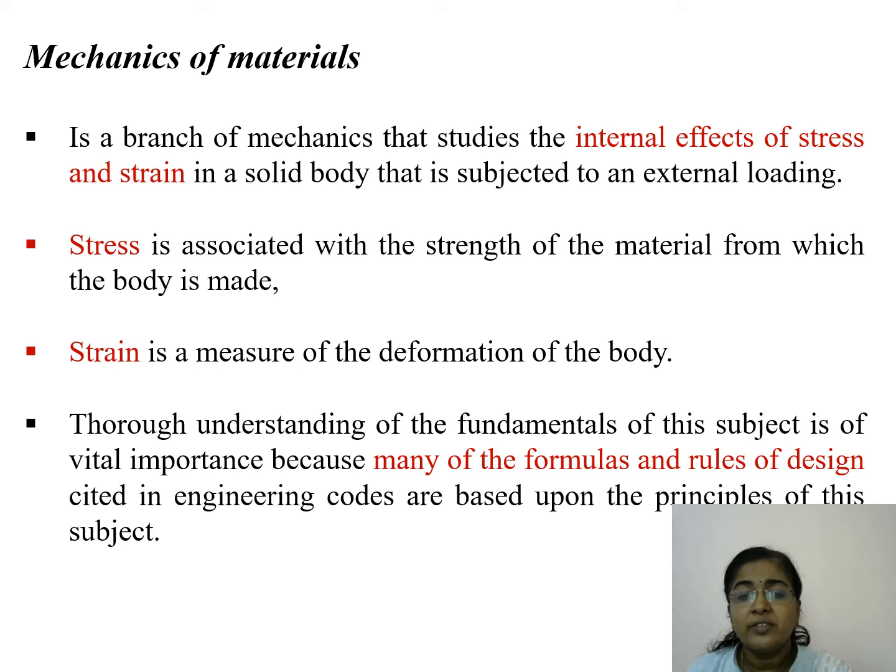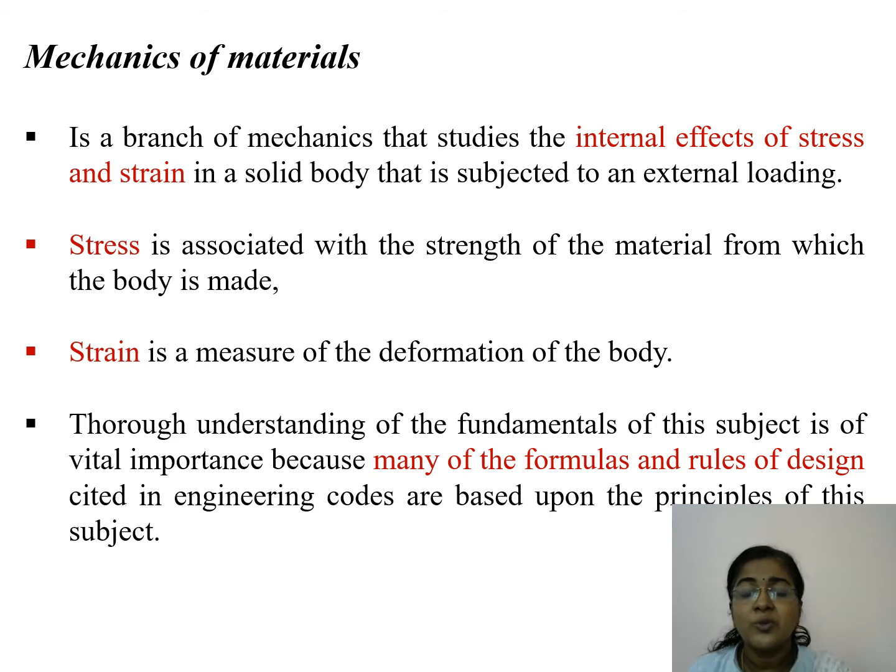A thorough understanding of the fundamentals of this subject is of vital importance because many of the formulas and rules for design cited in engineering codes are based upon the principles of this subject. There are various design codes for the design of civil engineering structures. IS 456 is the code used for the design of reinforced concrete structures, and IS 800 is used for the design of steel structures.